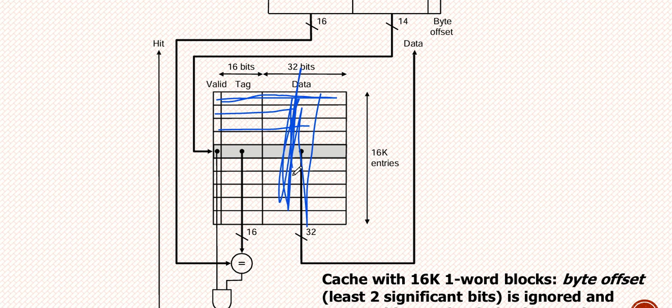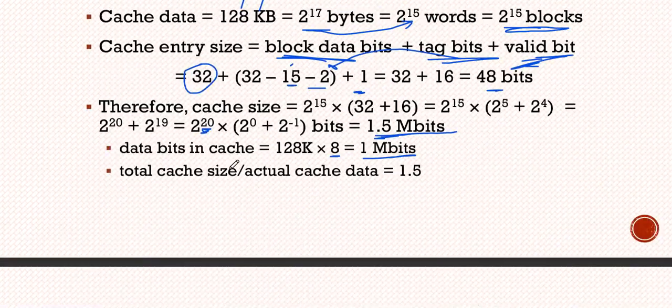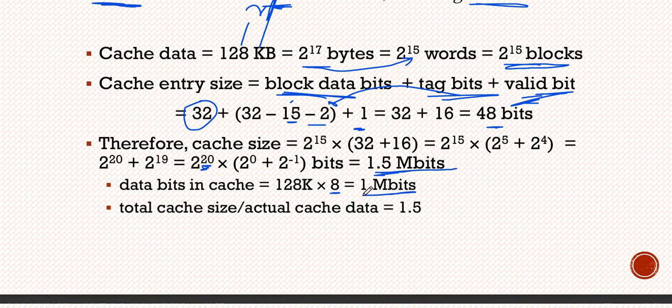It will store the actual data you want to access. This whole other part is just to help you get the right location. So only data would have needed what? 128 kilo times 8, right?